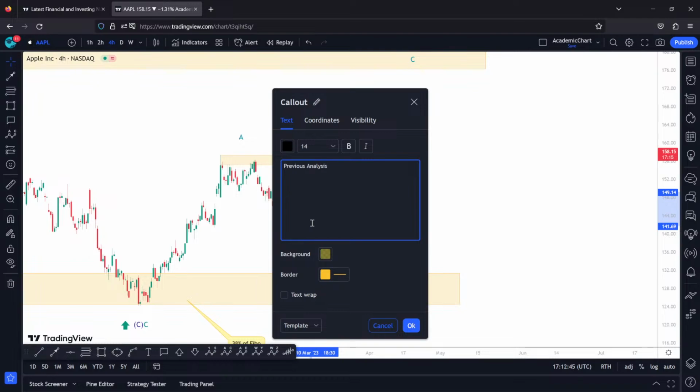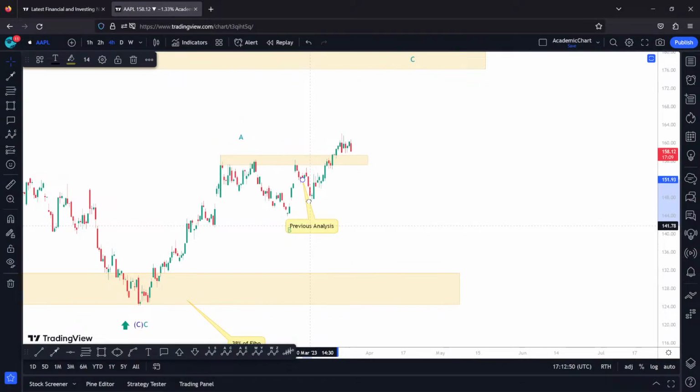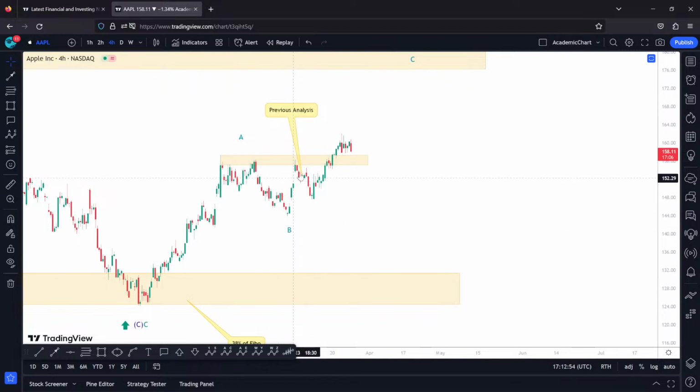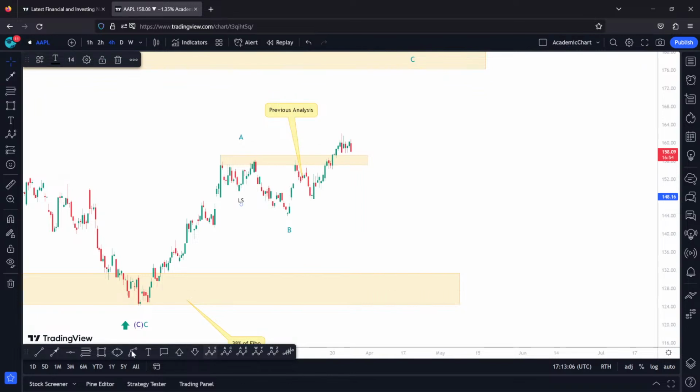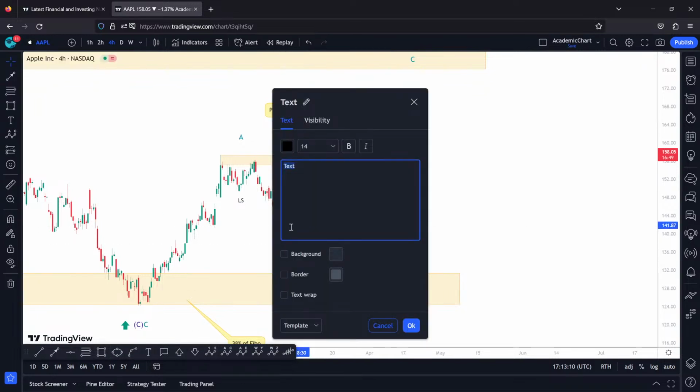I talked about maybe even just back in the history, a possible reverse head and shoulder. I said this might be our left shoulder, and this is going to be our head, which now has been completed. I will come back to this just in a second.